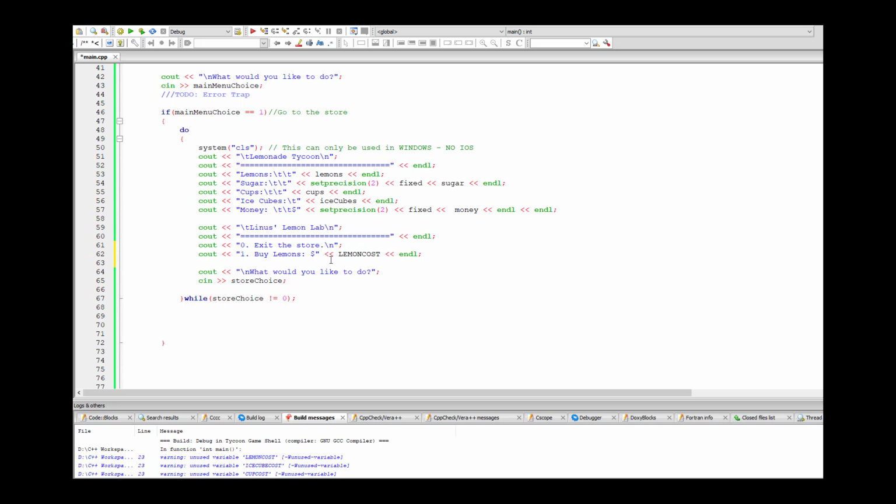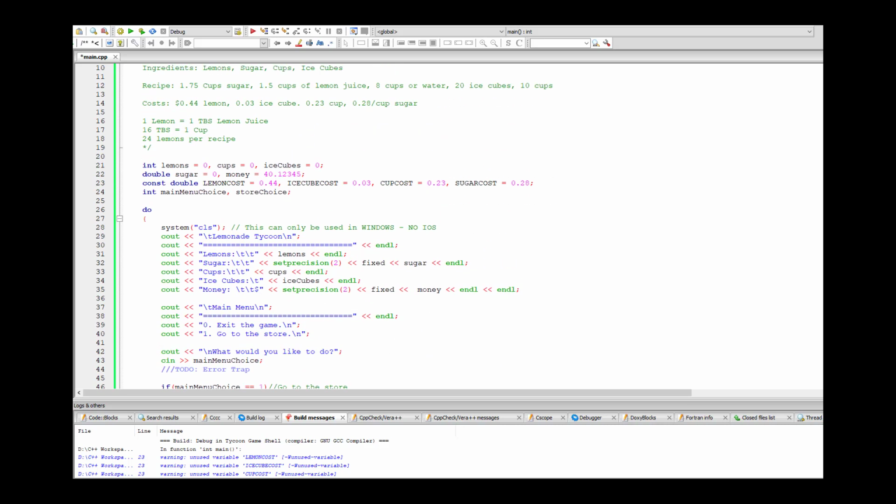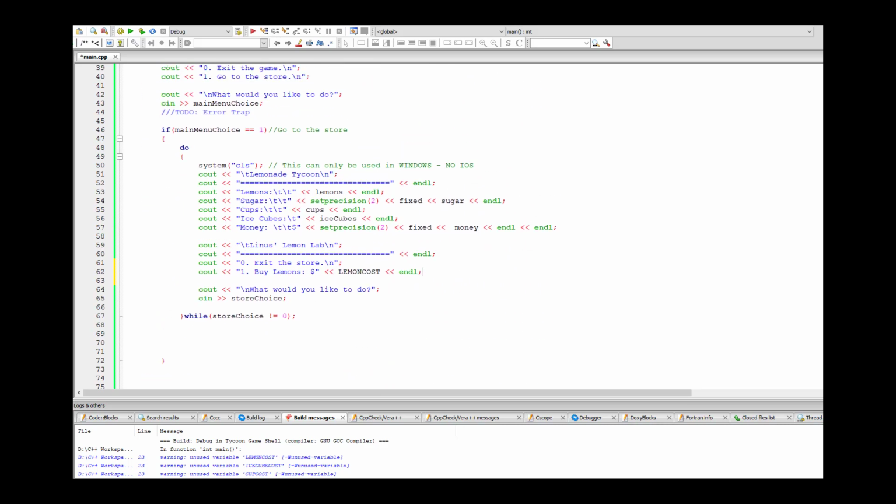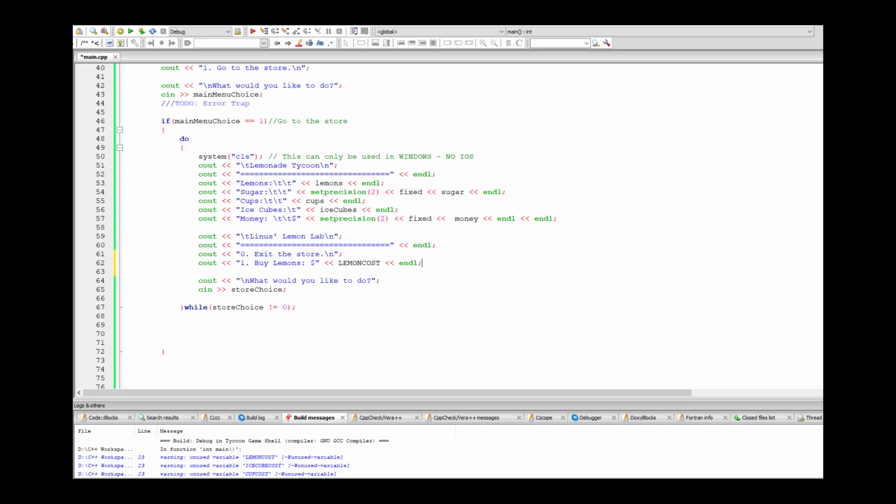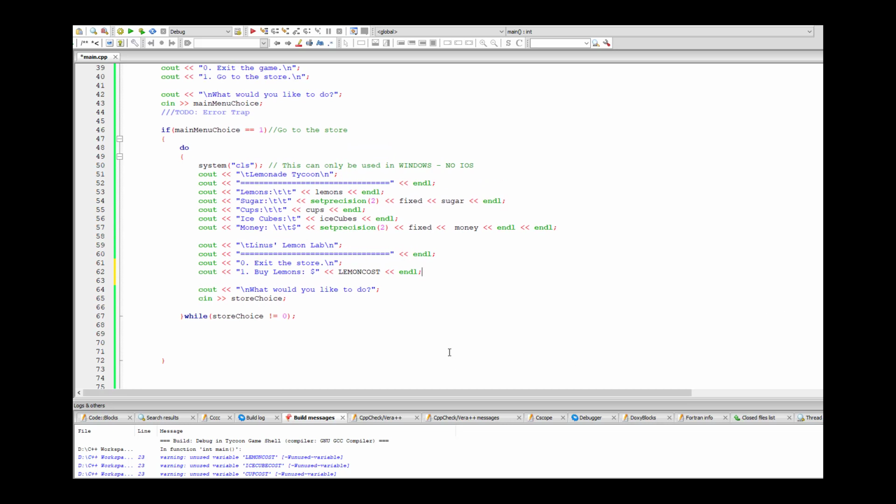The reason why we program these with variables instead of hard coding them with numbers is that later on, if we need to tweak those numbers or change them in some way, we can just change it up at the top here where they're set instead of having to look for every instance of that number occurring throughout the program. So we're going to say buy lemons, lemon cost, and that's it.